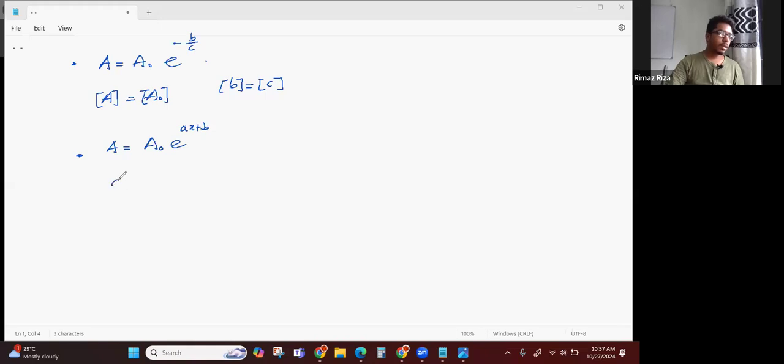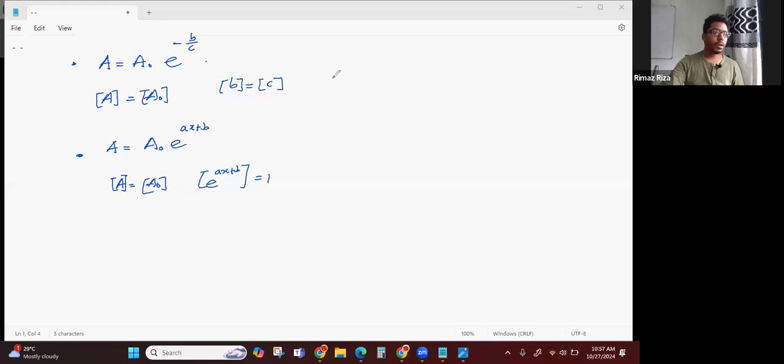So here the dimension of A should equal the dimension of A naught. Okay, and here we can write that the dimension of e to the power ax plus b is equal to 1. It has to be dimensionless.